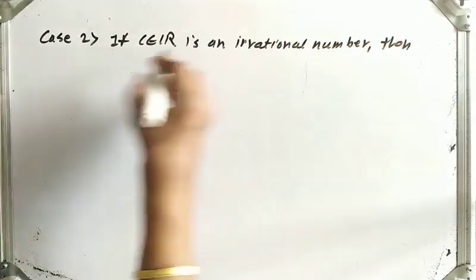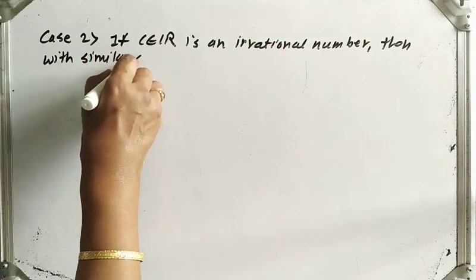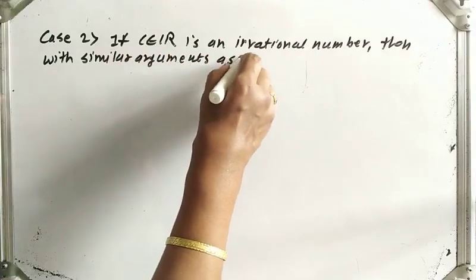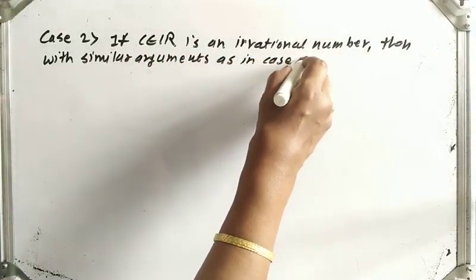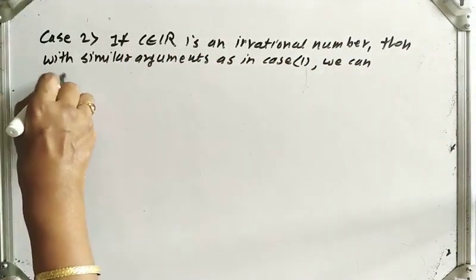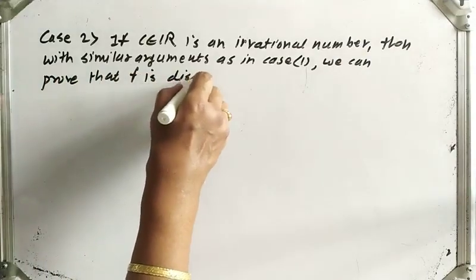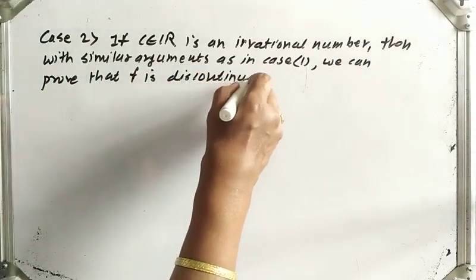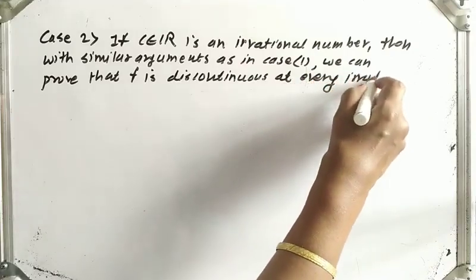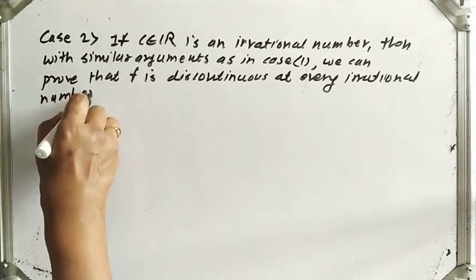then with similar arguments as in case 1, we can prove that f is discontinuous at every irrational number.